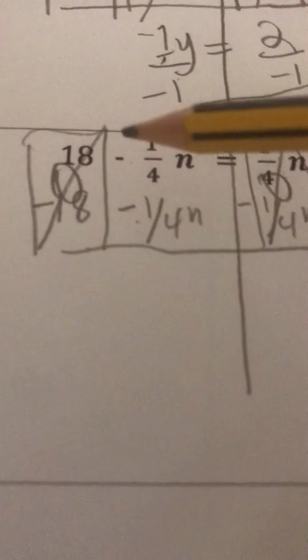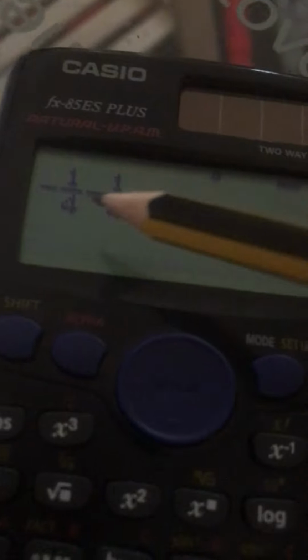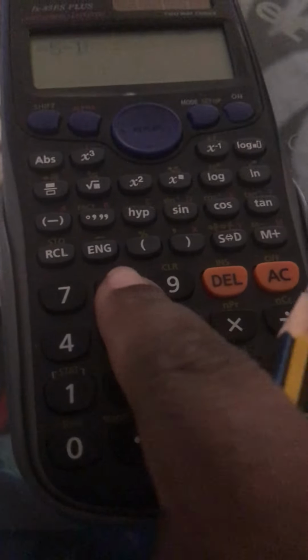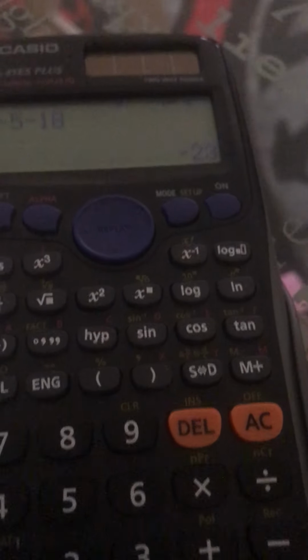So like that, negative a quarter minus a quarter equals negative a half. So negative a half n is equal to, what is this? 23. I'm sure that is 23. Negative 5 minus 18, negative 23. Okay.